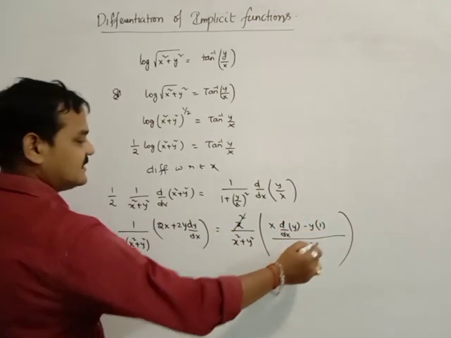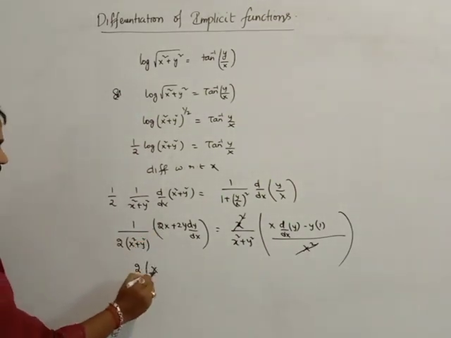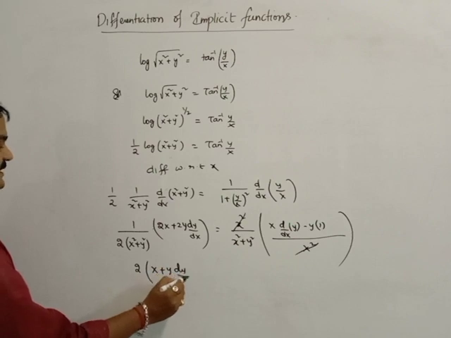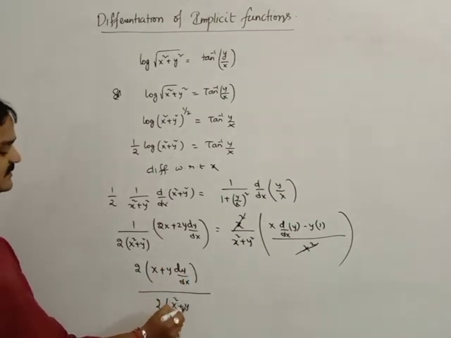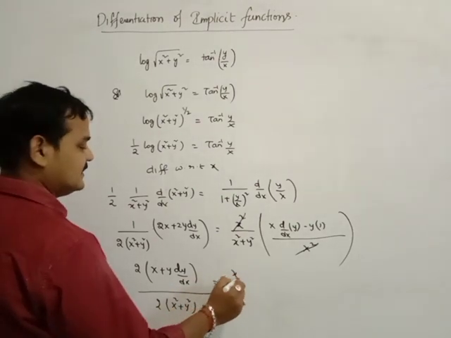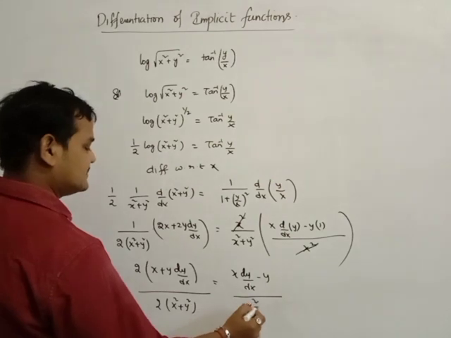Here the x square and x square cancel. Take the common in this: 2 into x plus y dy by dx by 2 into x square plus y square is equal to x dy by dx minus y by x square plus y square.